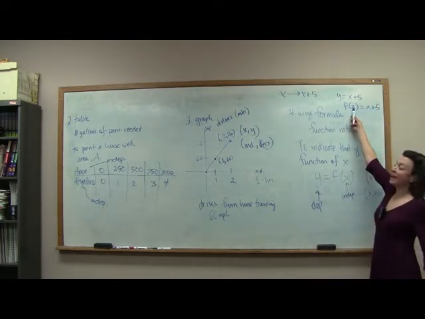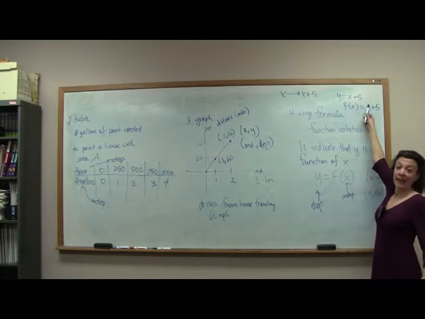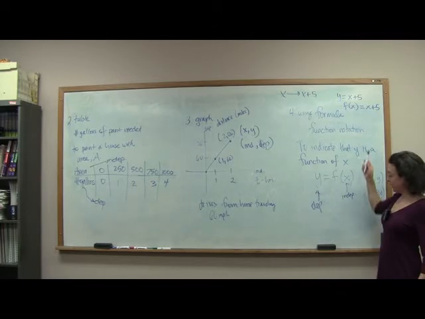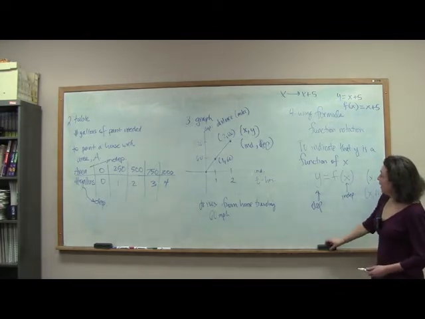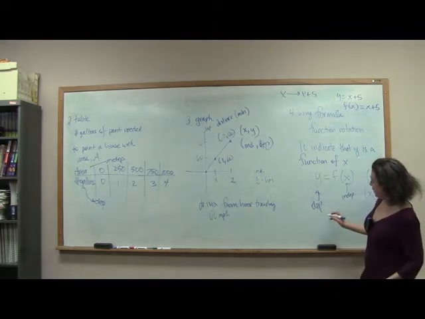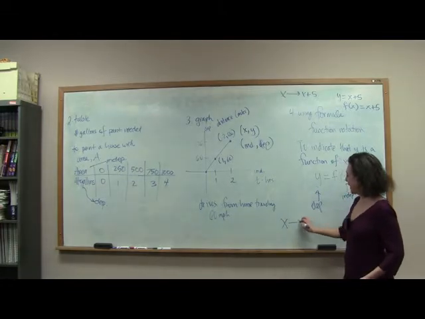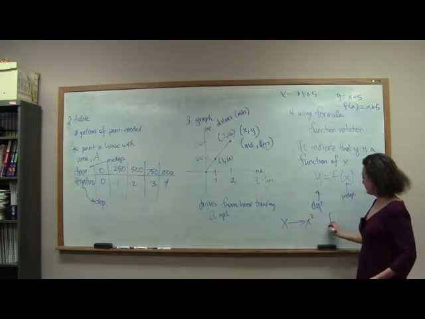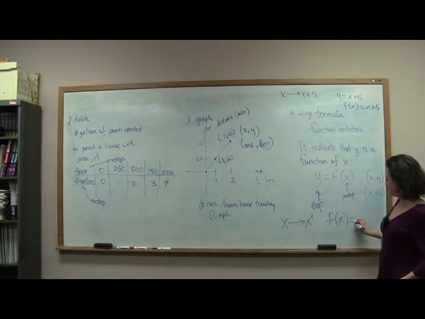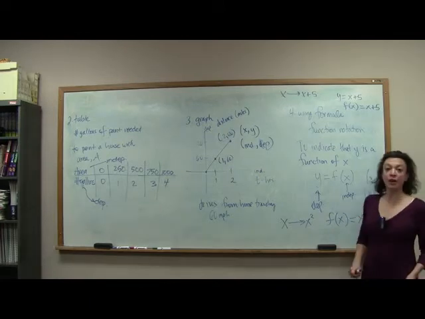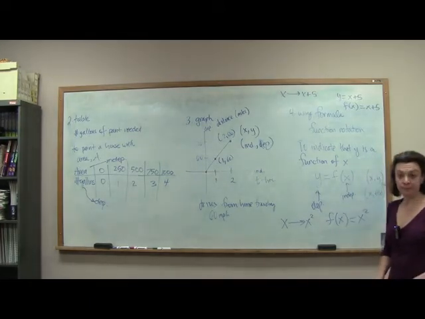We're putting this value of x in, and out comes that value plus 5. Okay? The other function that we looked at with our machine was x went to x squared. So the way we would write that is f of x goes to x squared.